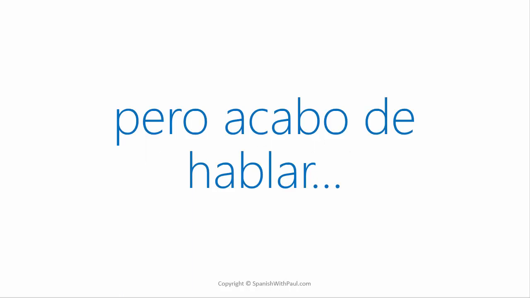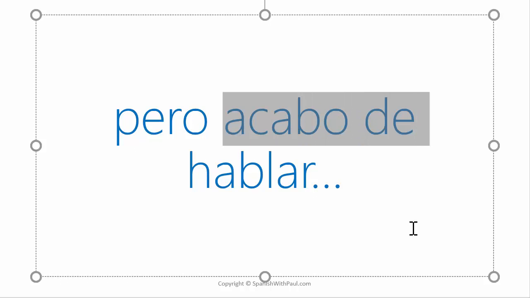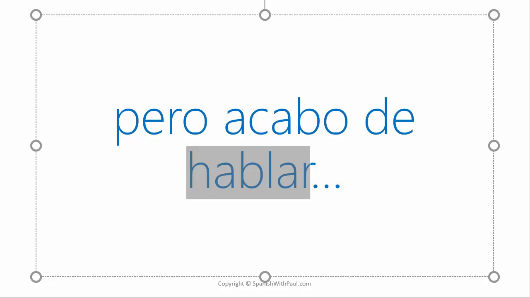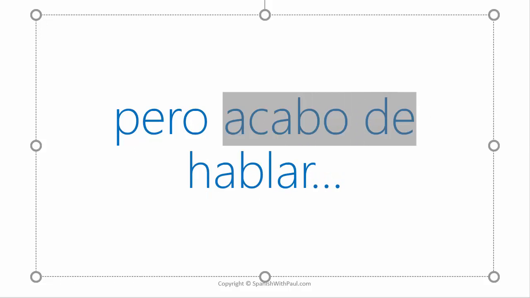Pero acabo de hablar. As you might remember from the mini course series, whenever you use acabo de followed by a full verb in the infinitive, it throws that verb into the past. So this is I just spoke, even though we're using the full verb to speak. Acabo de transforms it into the past.